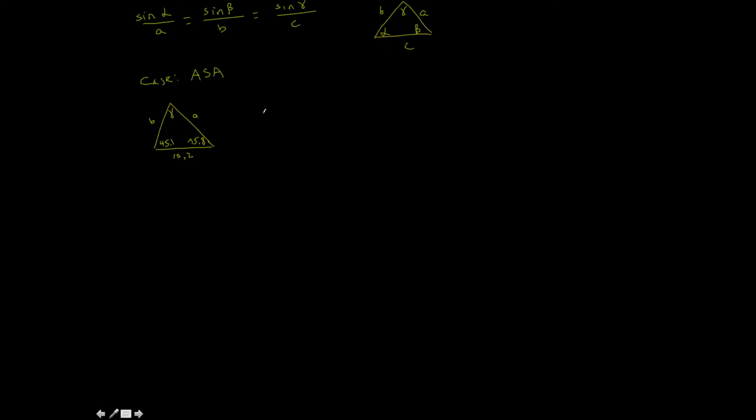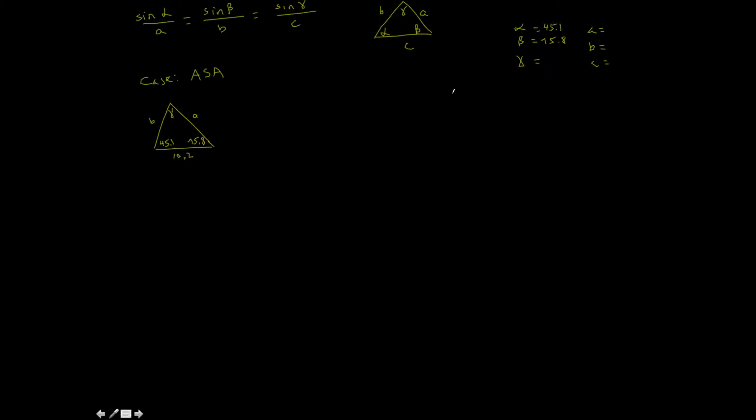So step one, whenever you're given two angles, we're going to solve for this whole triangle. So your goal for every one of these problems is to find alpha, beta, gamma, A, B, and C. Now you were given alpha and you were given beta. So alpha 45.1, beta 75.8.